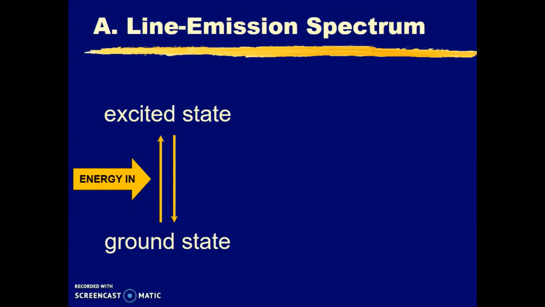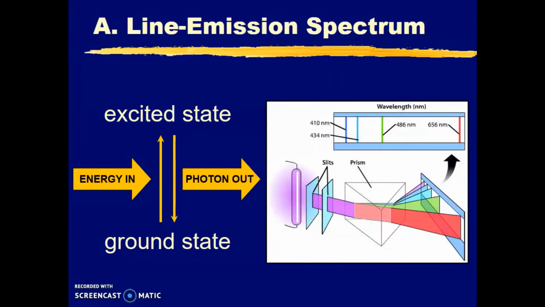When it releases that energy, it also releases a photon. We can see the photons based on the color of light that it emits, which, as we learned in our previous lesson, depends on its wavelength. So the amount of energy that it is releasing determines its color.